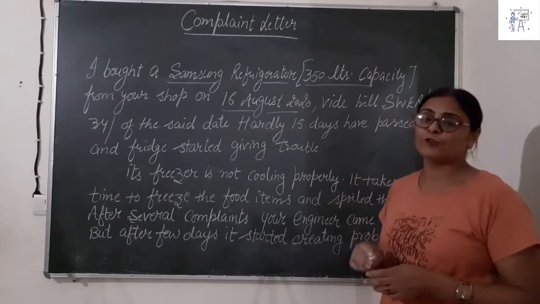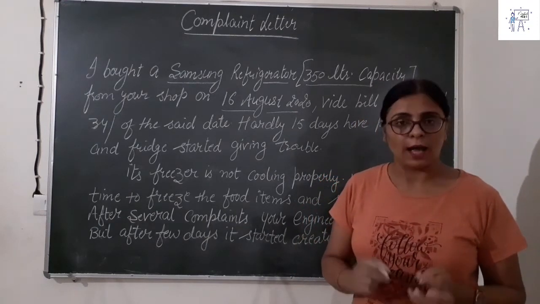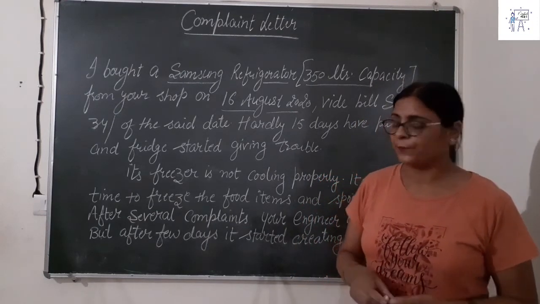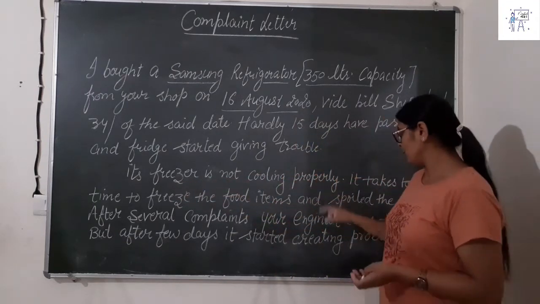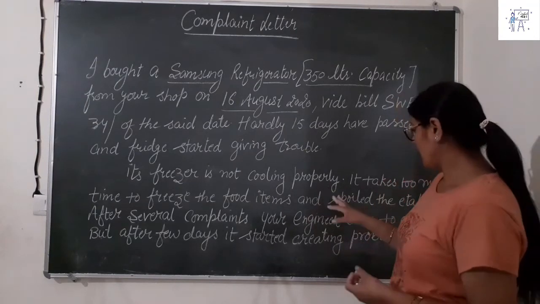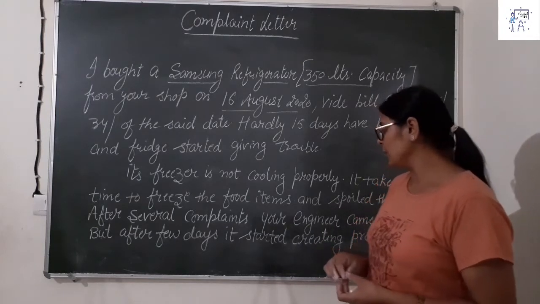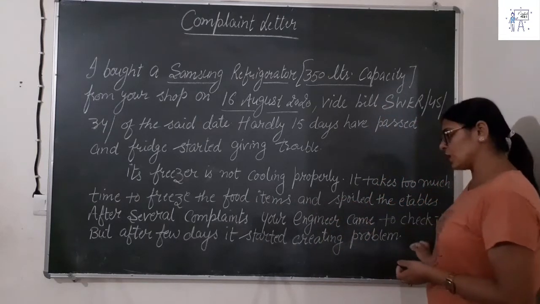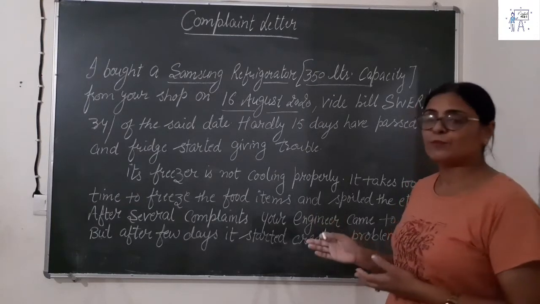Then we have to mention the problem or trouble that the item is creating. What is the problem? Its freezer is not cooling properly, and it takes too much time to freeze the food items and spoils the eatables too. After several complaints, your engineer came to check it, but after a few days it started creating the same problem.